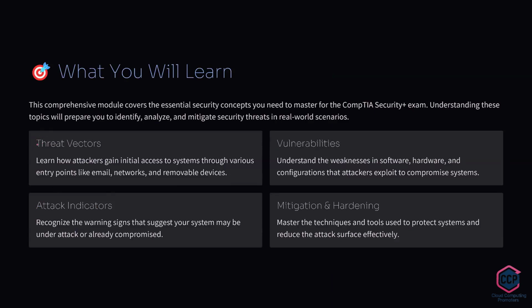Now we will be learning about what are threat vectors, how they access, and we'll also discuss some real-time scenarios. Okay. And what are vulnerabilities, and what are the tools we will be using in our labs.